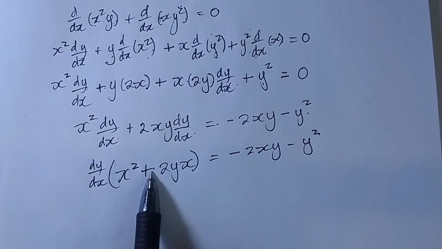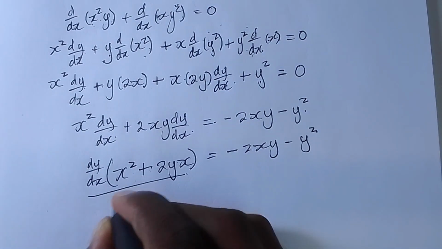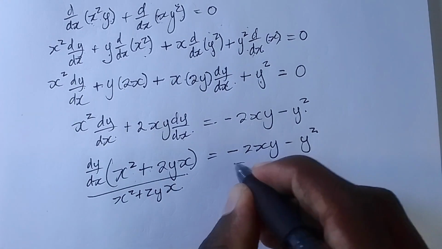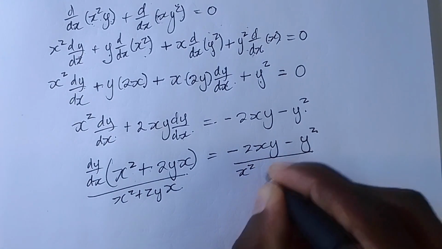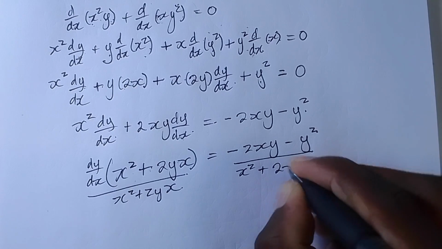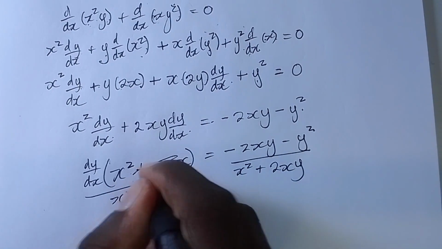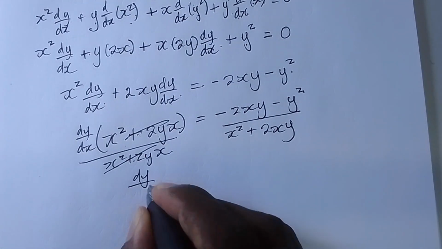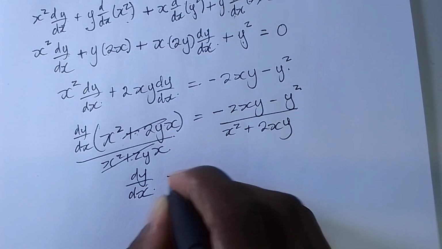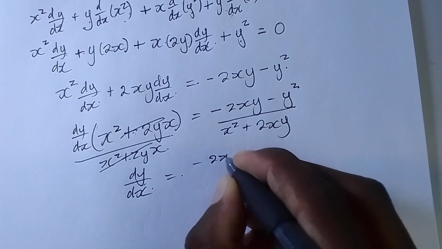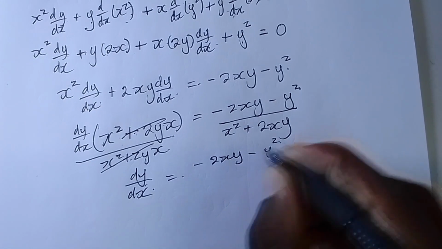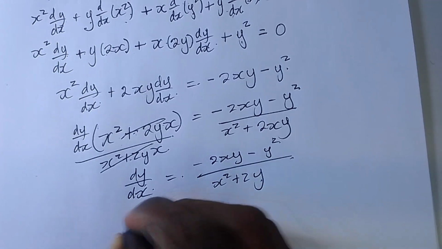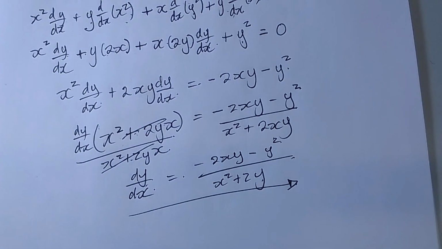Now we just divide by x squared plus 2xy. This goes away, you have dy on dx as negative 2xy minus y squared divided by x squared plus 2xy. That's your answer.